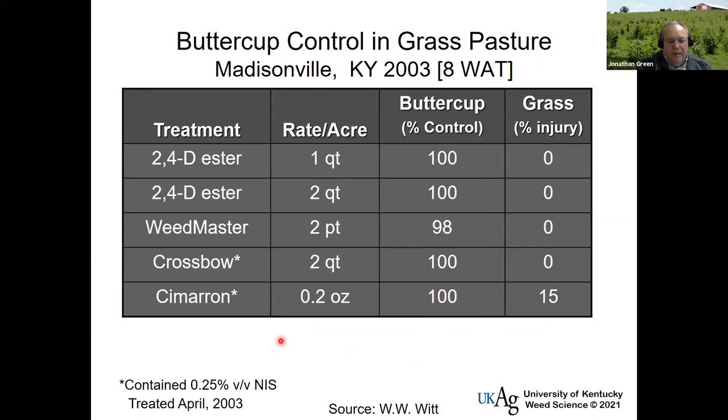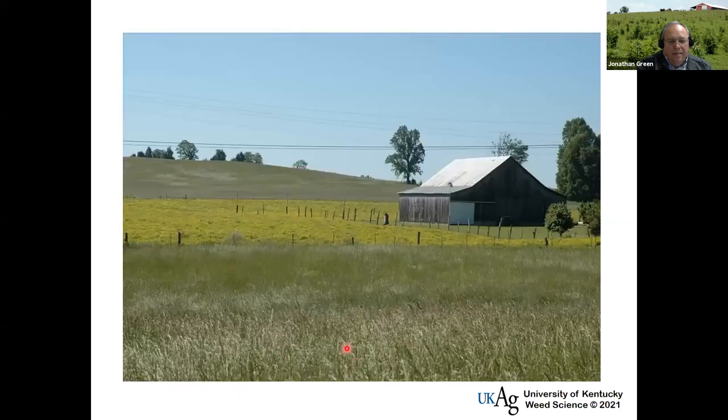But I think this next slide illustrates the importance of cultural practices. Obviously, here in the foreground is a hayfield. We have a lot of vegetative cover. In fact, as you get close to this fence, you'll be hard pressed to even find buttercup.